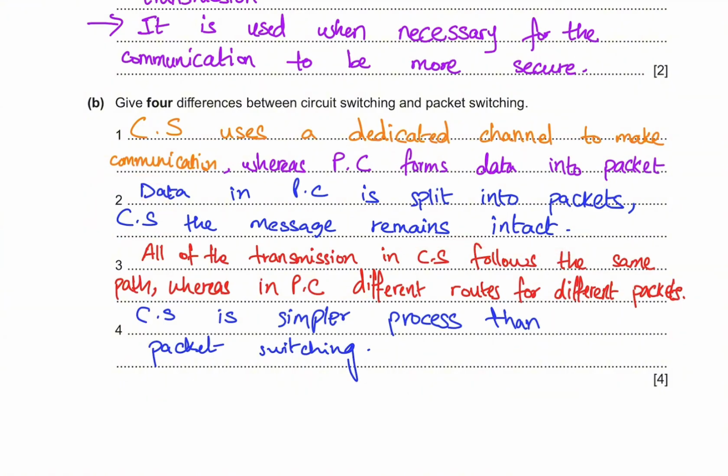All of the transmission in circuit switching follows the same path, whereas in packet switching, there are different routes for different packets. Circuit switching is a simpler process than packet switching. Basic one: 4 points, differences between both of them. So 4 marks you will gain here, students.